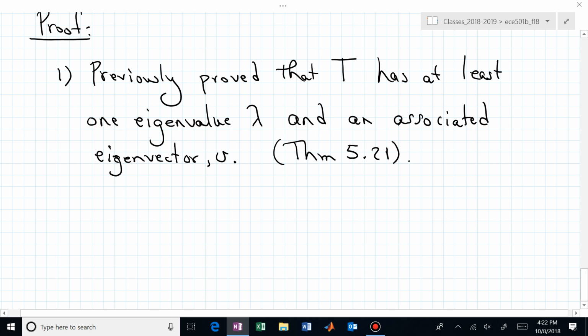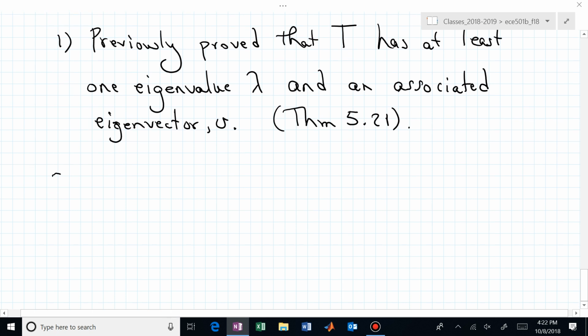Well, now why don't we just make that our first basis vector in our list of basis vectors making up capital V? But how do we get the other basis vectors? Well, we know how to extend from one up to many. We have that result as well.